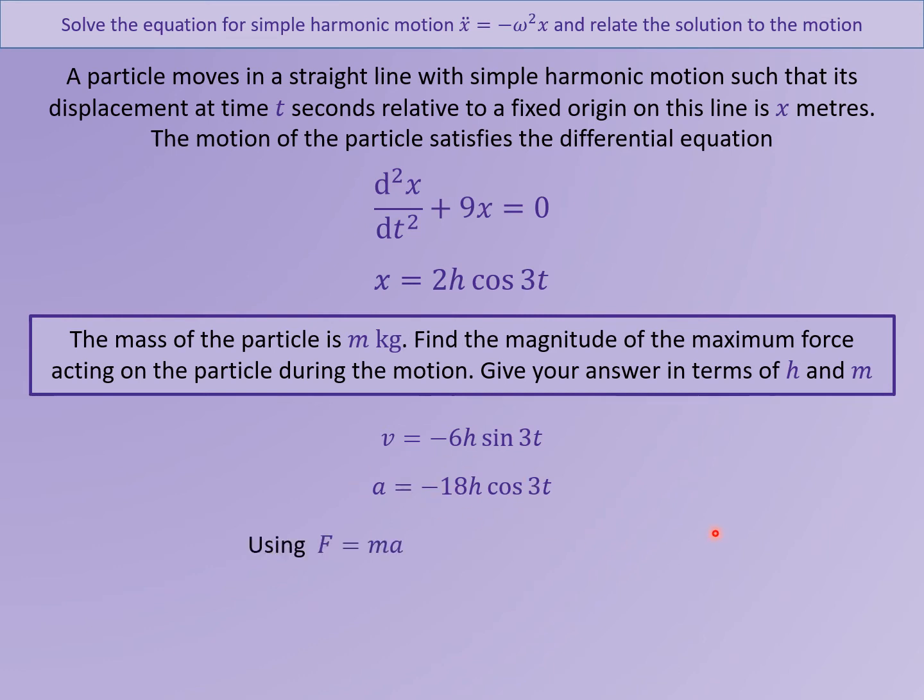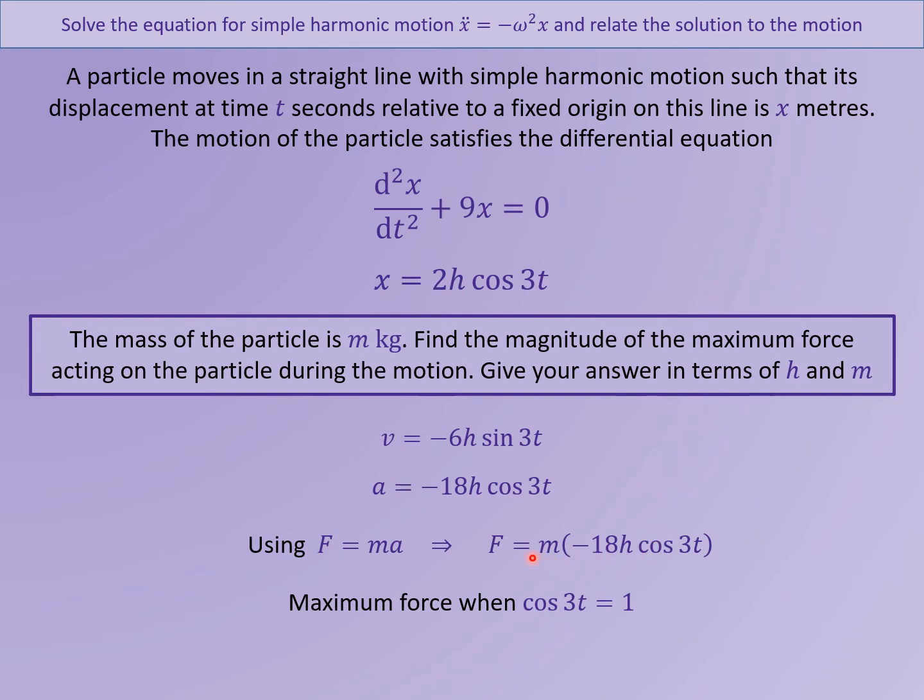But we also know that if we use F equals ma, where m is just the mass, we can put in that m and the acceleration we just calculated. So therefore I could write my equation as F equals minus 18 mh cos 3t. But I'm looking for when it is at maximum.